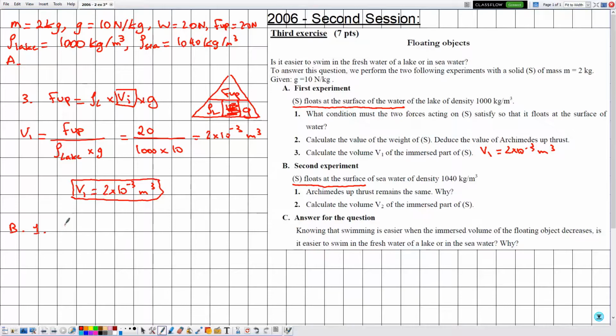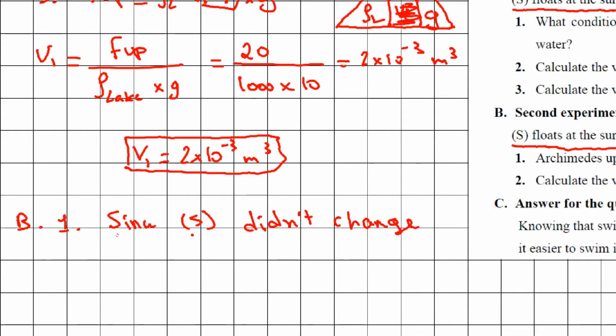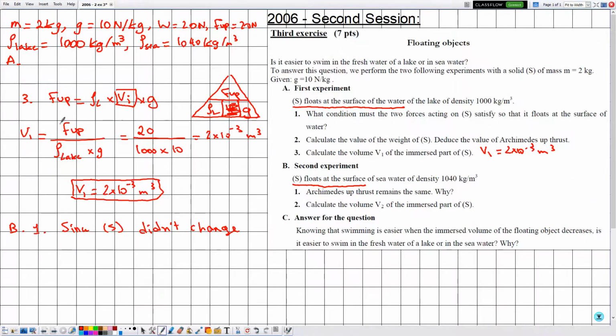So let's say, since S didn't change, what do we mean that S didn't change? We didn't change the solid S, so its mass remained the same and it is at equilibrium. And here by equilibrium we mean the equality between the magnitudes, which is given by weight is equal to F upthrust.